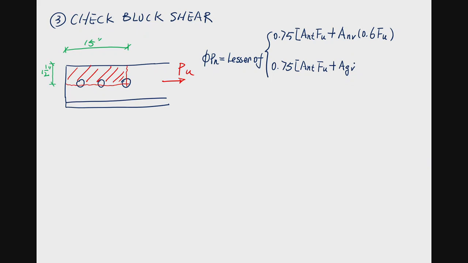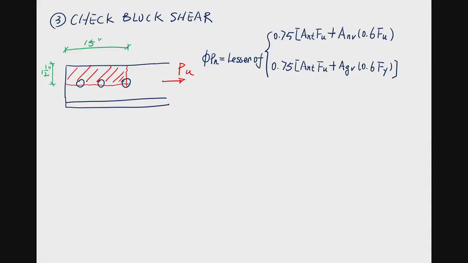Gross section always relates to yielding, so 0.6 times Fy, right? So remember that we always need to calculate the 4 different cross-sectional areas, right?